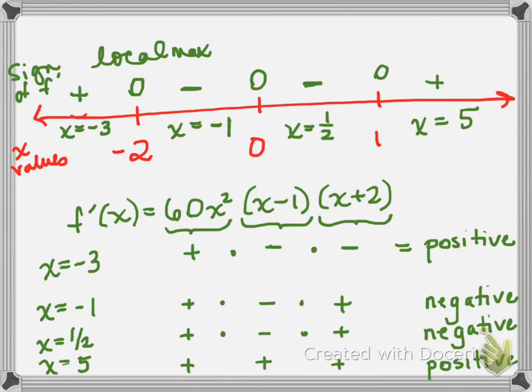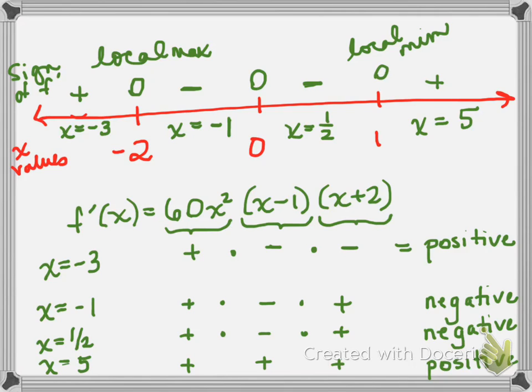We don't have a local maximum, we don't have a local minimum. And at the critical value of 1, the first derivative goes from being negative to being positive, from decreasing to increasing. So that means that we have a local minimum. So that's what the first derivative test tells us.